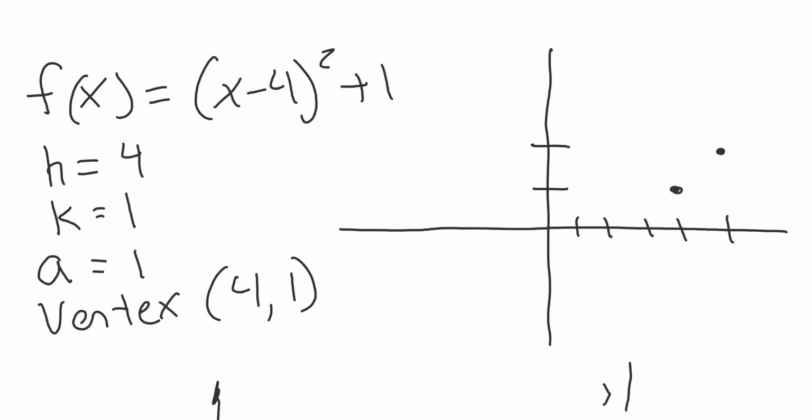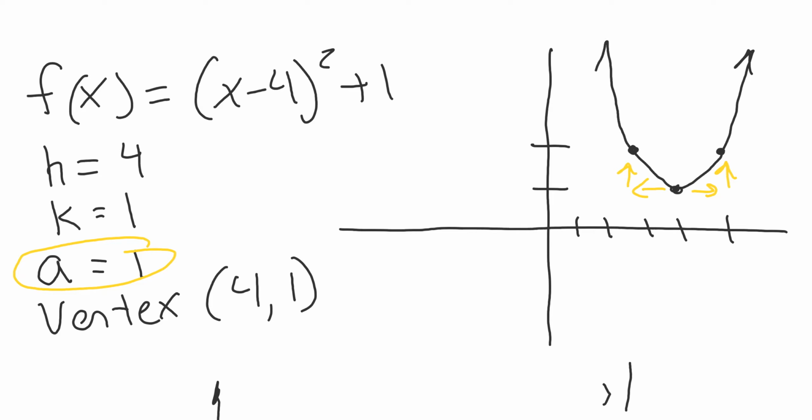And when we go 1 to the left, it's just going to move us up 1. So this is just a little 1 over, 1 up, and that's because a is 1. And then we can use that as a guide to draw our parabola. So that's what the graph is going to be. It has a vertex at 4, 1.